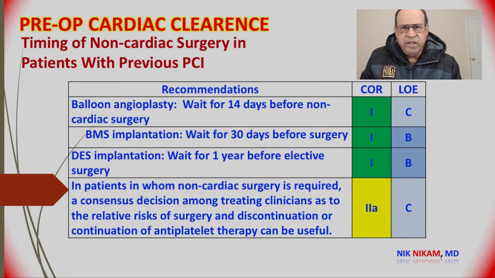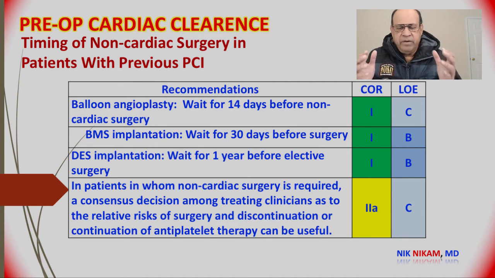If this is a surgery that cannot wait for a year and needs to be done in the immediate period, then the cardiologist would elect to put a bare metal stent and maintain these patients on antiplatelet agents, usually dual antiplatelet agents such as aspirin and Plavix or aspirin and Eliquis, for a minimum of 30 days and then discontinue them for a short duration in the perioperative phase and resume the medications after the surgical procedure is done.